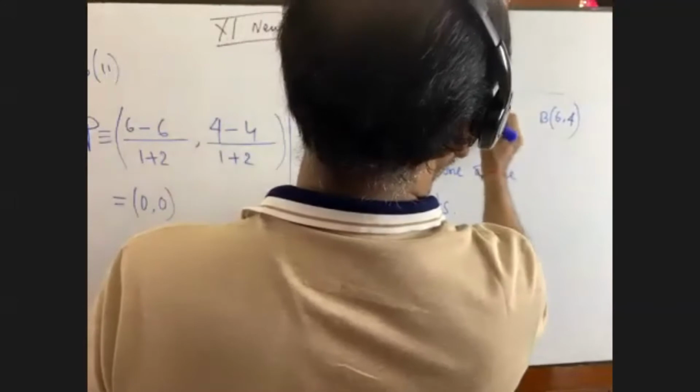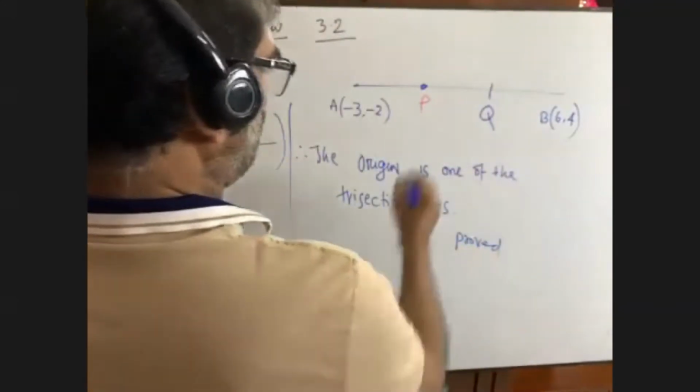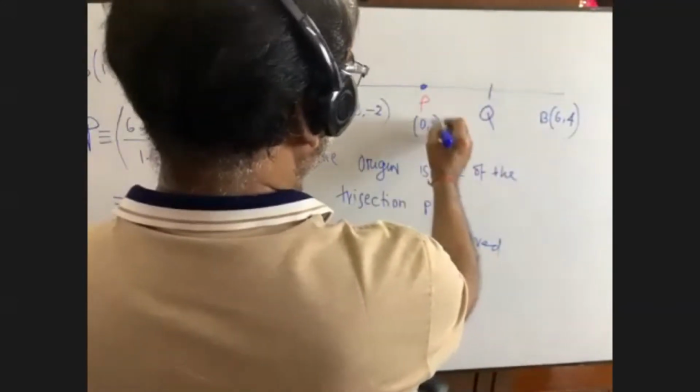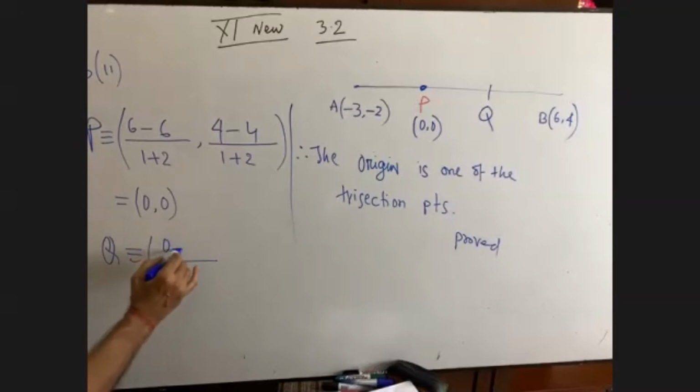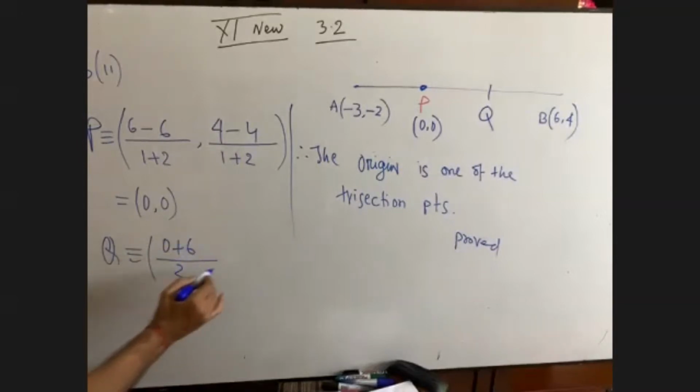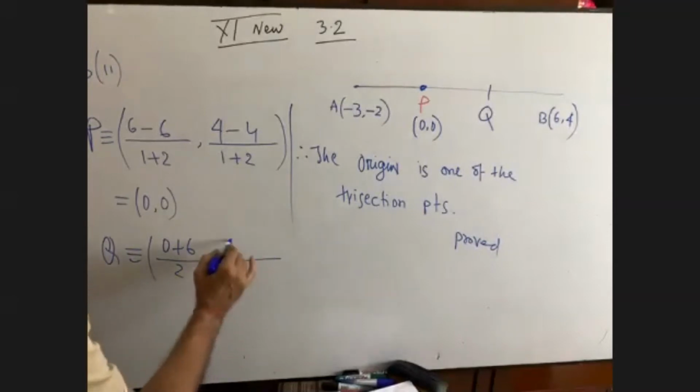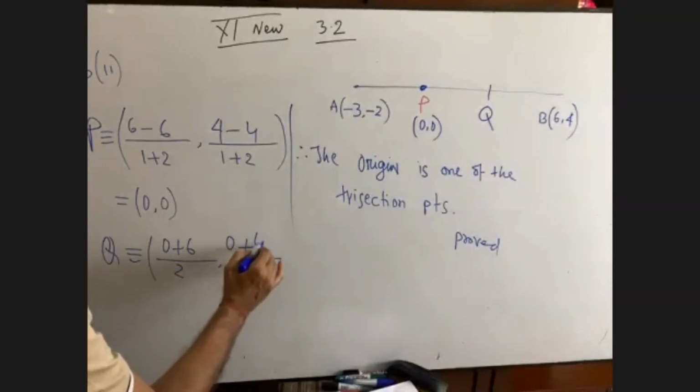Now it is Q. Can we find Q, where P is (0, 0), by the formula of finding the midpoint? Q equals what? Can you please let me know? 0 plus 6 by 2. Am I right? Then 0 plus 4 by 2. Talk to me, please.